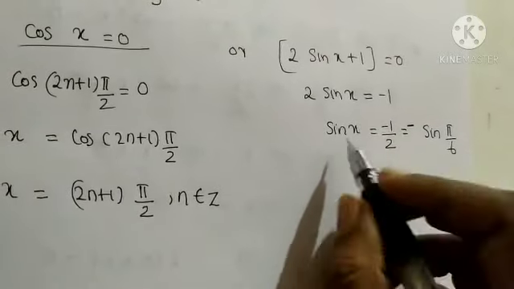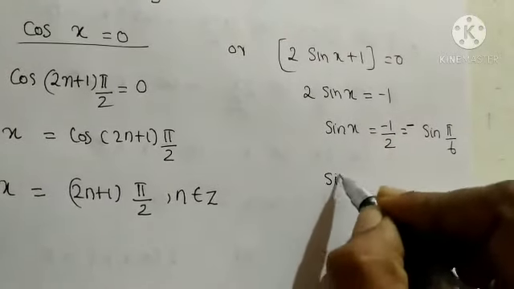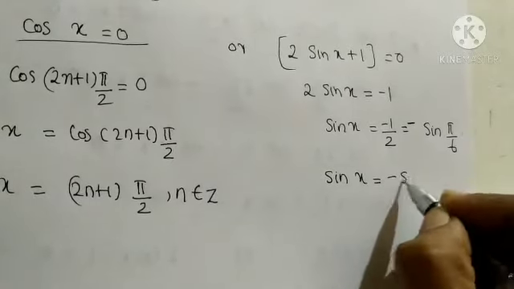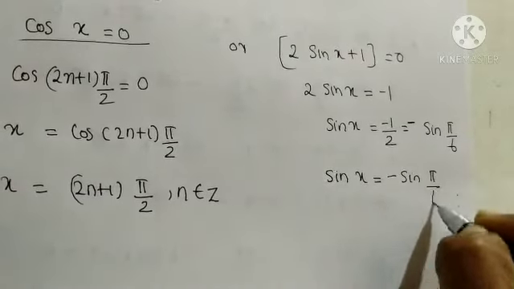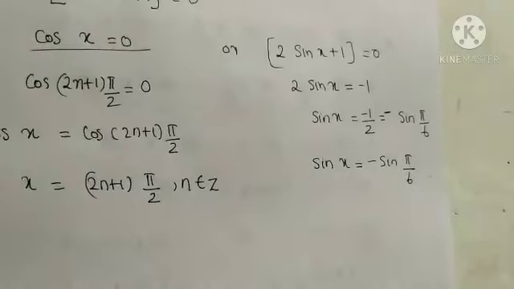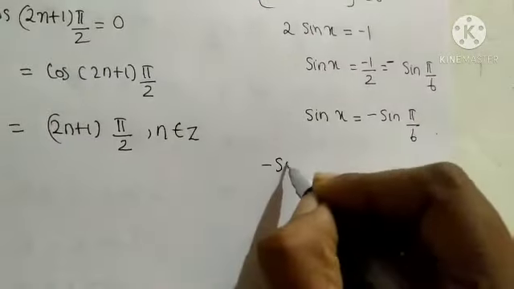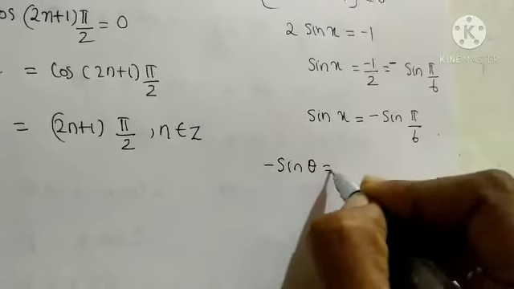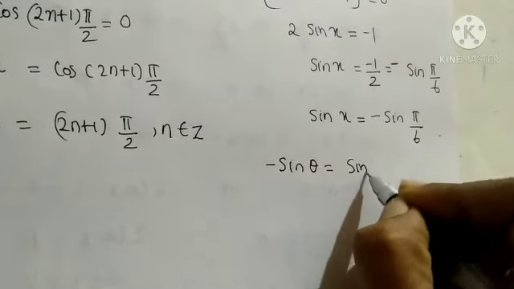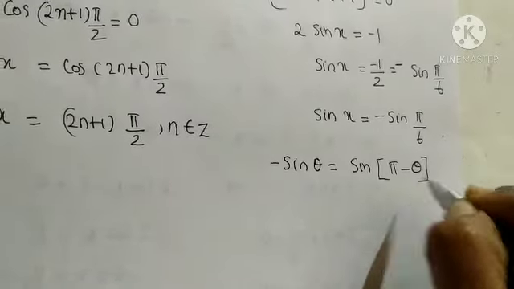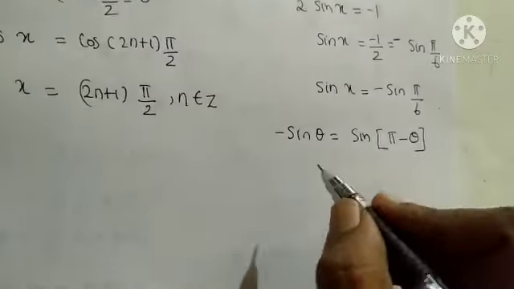So sin x is also written as minus sin pi by 6. Taking only the positive value, minus sin theta can also be written as sin of pi minus theta.